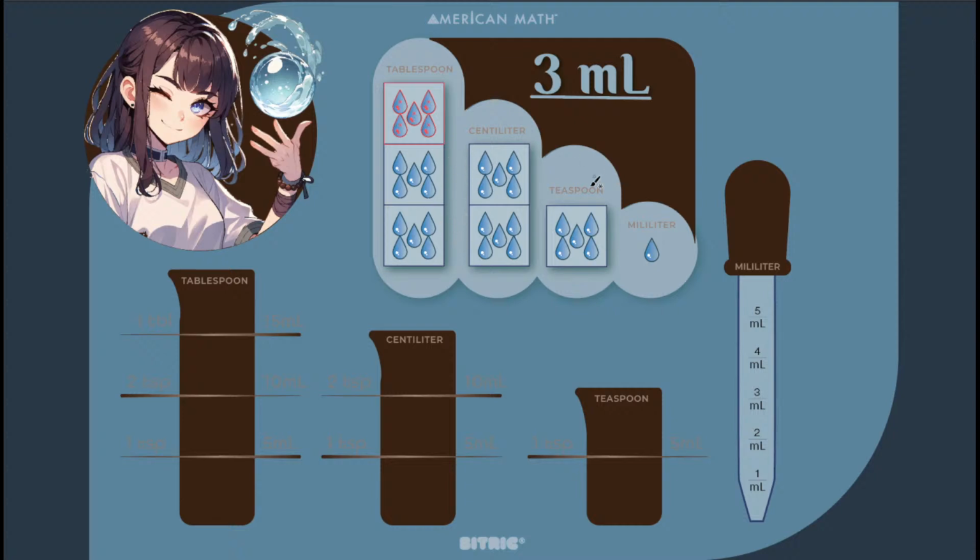Again, that's too big. Go down to teaspoons. Teaspoons is too big. So then we're left with single milliliters. All we need to do is count that out into the place space. 1, 2, 3. So this is what our 3 milliliters will look like when we place them onto the place space.